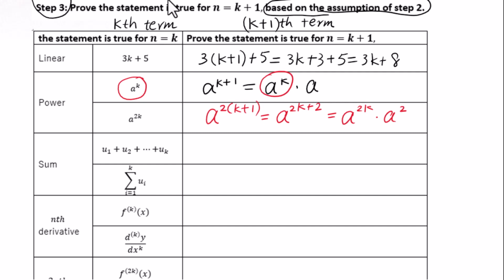For summation, the next term will be u sub 1 plus u sub 2 plus up to u sub k plus u sub k plus 1.